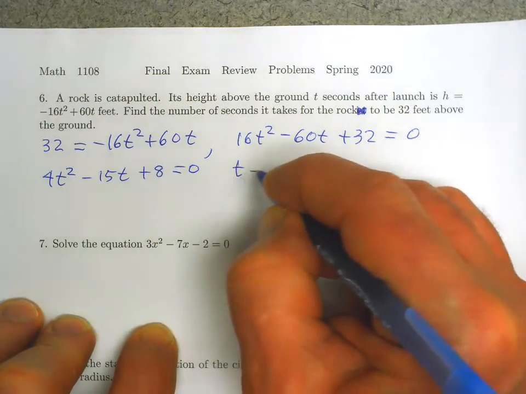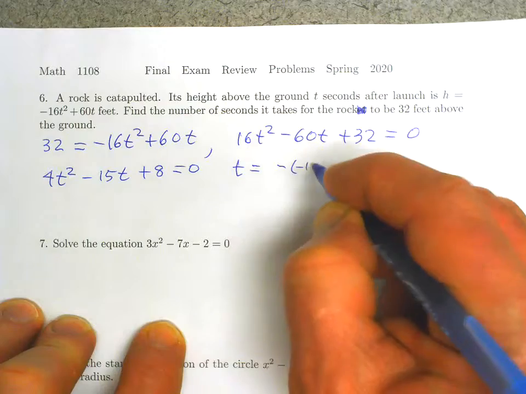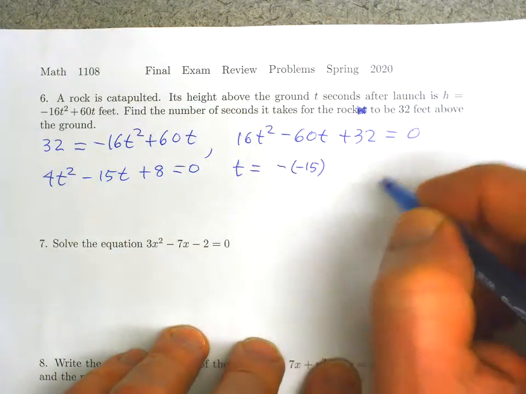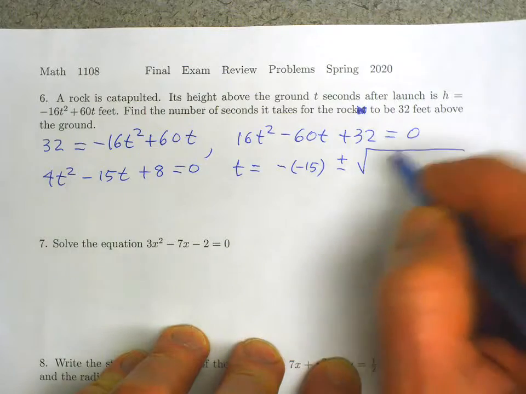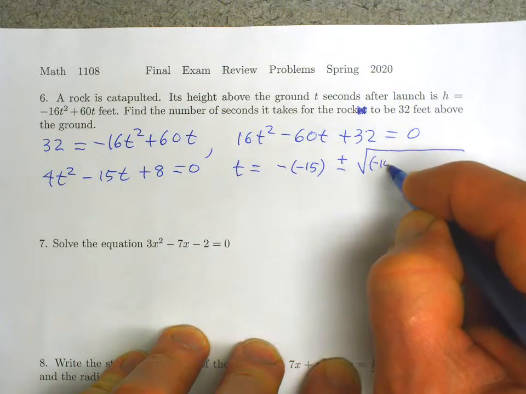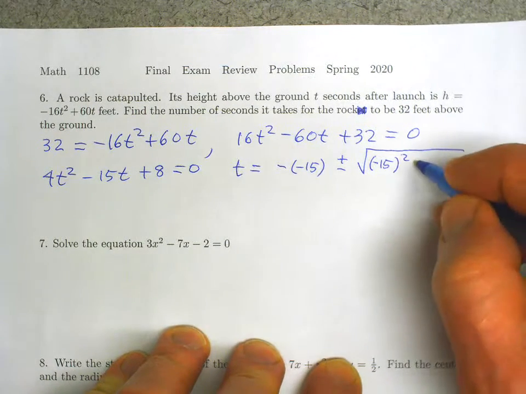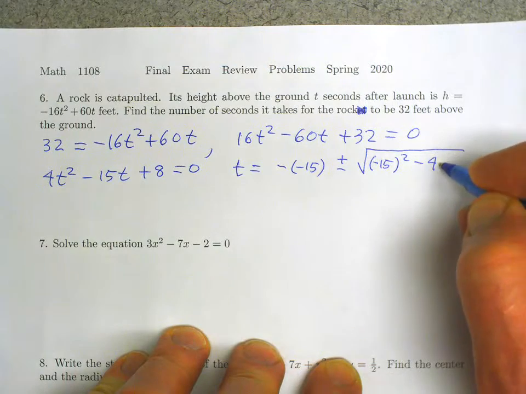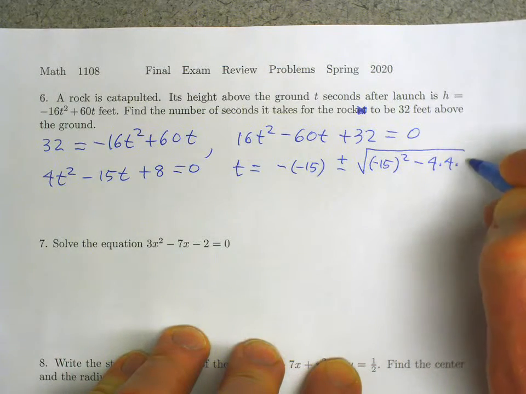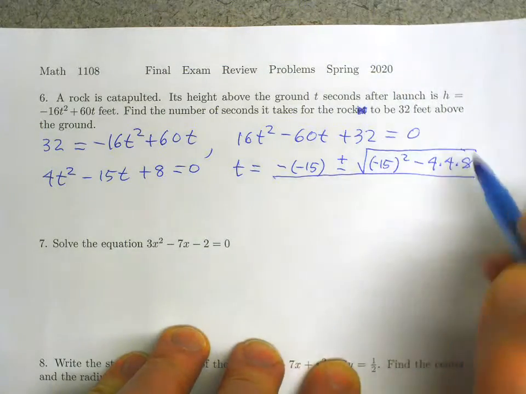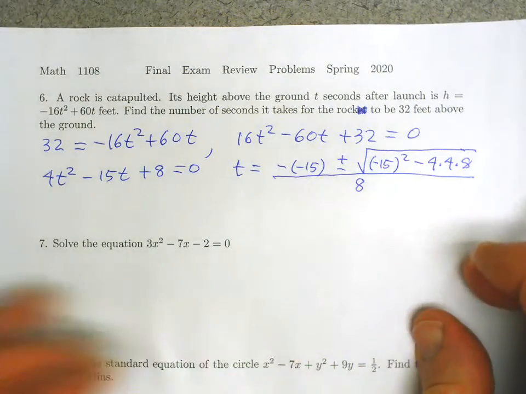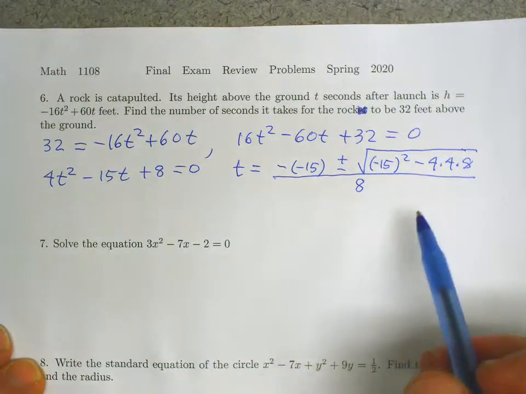So t is the negative of negative 15 plus and minus the square root of negative 15 squared minus 4 times 4 times 8. And this is all divided by 8. 2 times 4 is 8.